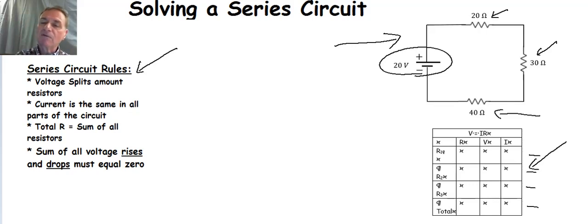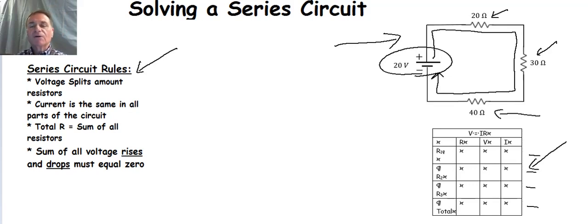If you notice, we have a battery, and when the current leaves the battery, it's going to take a path like this. The one thing we notice is that the current leaves the battery and really only has one path to travel in. That is the key to recognizing a series circuit.